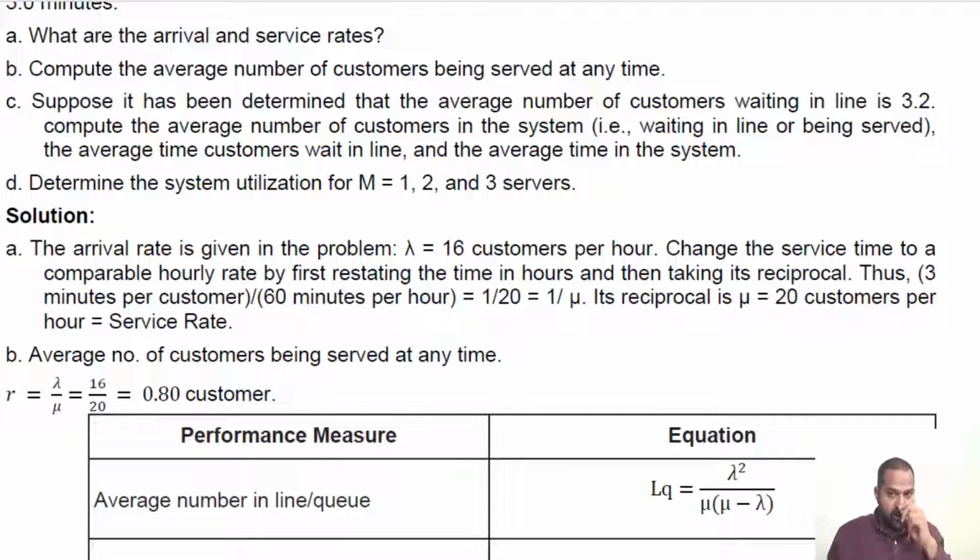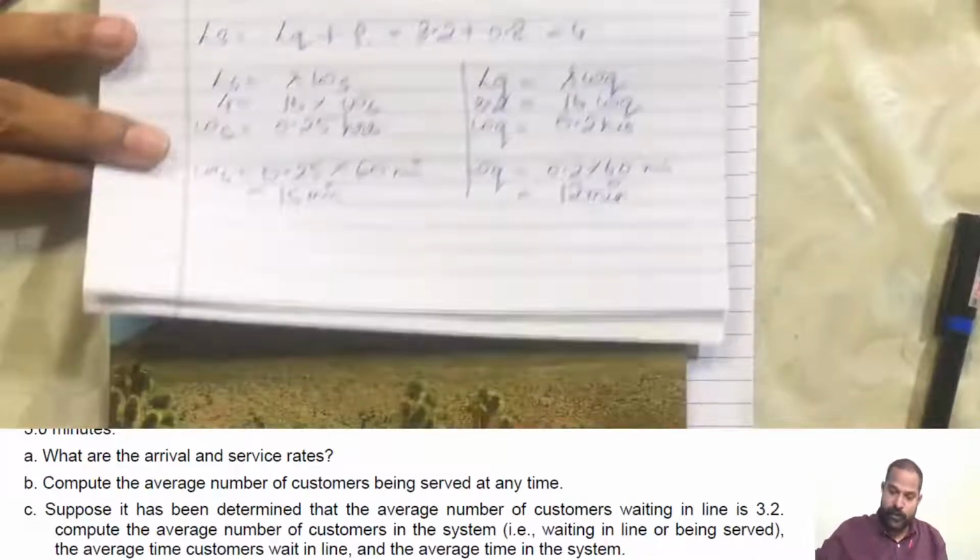If you put 2 clerks, it will increase the service rate, and 2 clerks together can serve 40 people. 3 clerks together can serve 60 people. So if you want to know the utilization with 1 server, 2 servers and 3 servers, I'll tell you what the utilization will be.